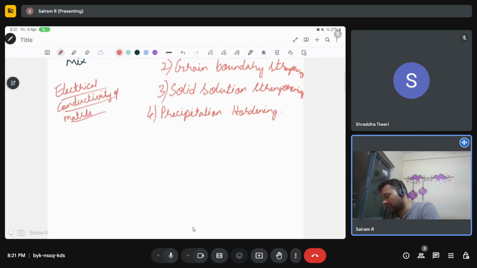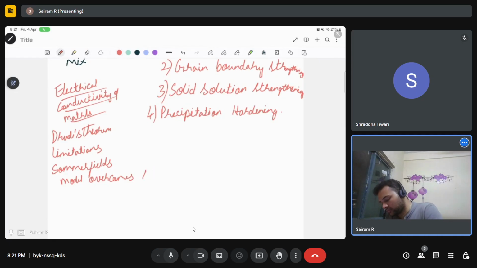We had a basic overview. We saw Drude's theorem, we saw the limitations of it, and we saw how Sommerfeld's model overcomes some limitations from Drude's model.